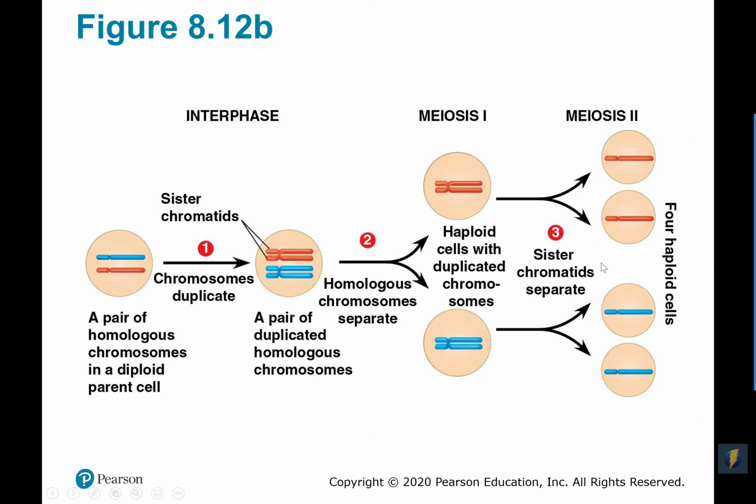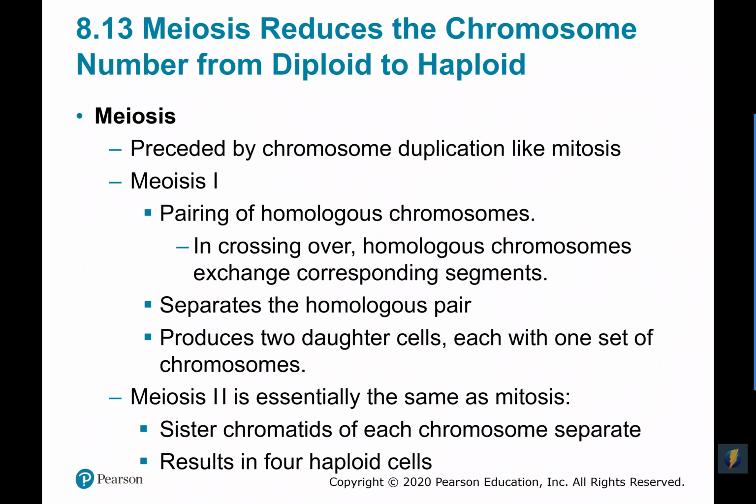And so the result is not 2 daughter cells, but 4 daughter cells that are haploid, not diploid. So we're going to go through one round of duplicating the DNA and the chromosomes, but 2 rounds of cellular division, meiosis 1 and meiosis 2.